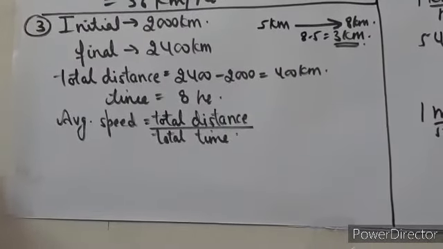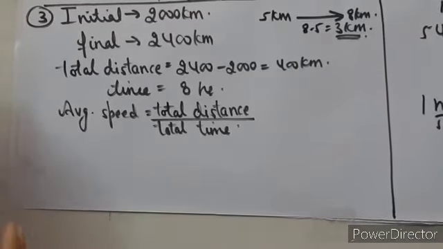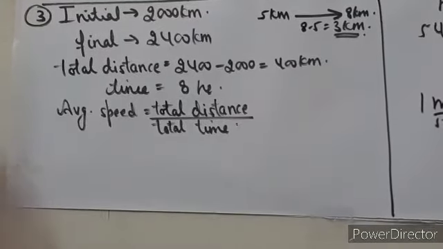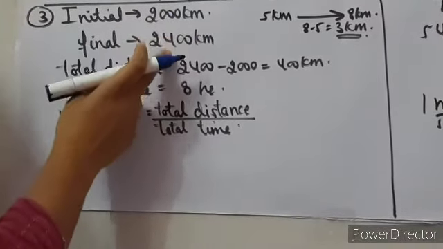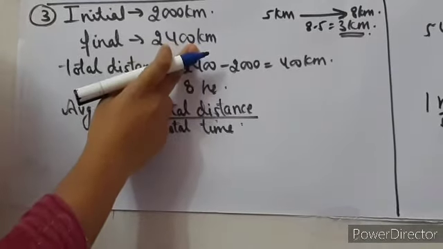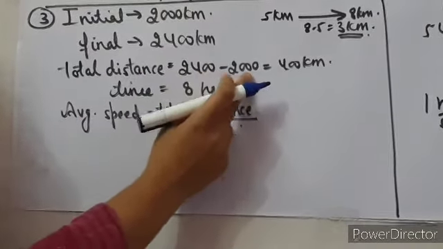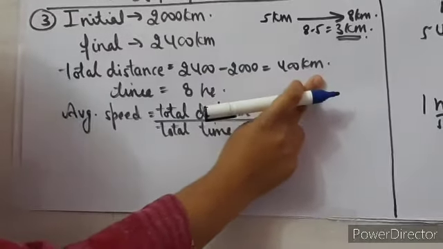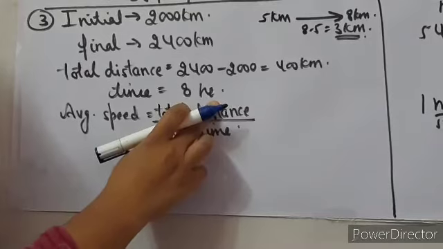Okay. Similarly, when the car started, on the odometer, the device where the distance reading is written, it is written 2000. And when the car stops, it is written 2400. So what is the distance covered? That is 2400 minus 2000, 400 km is covered. Okay. And the time taken to cover it is 8 hours.